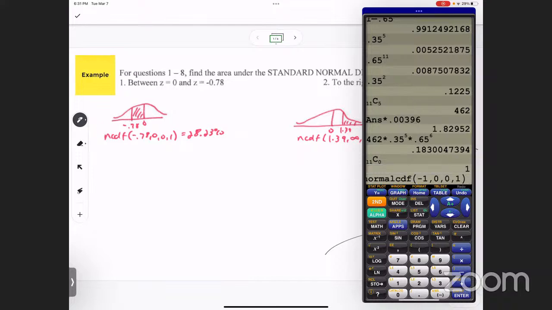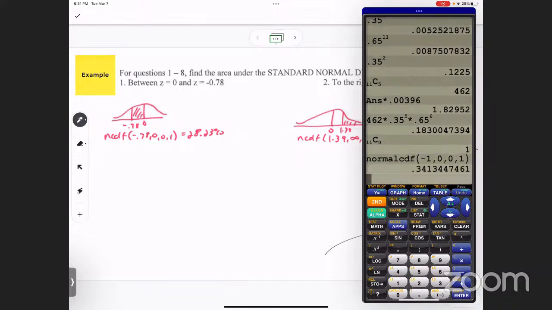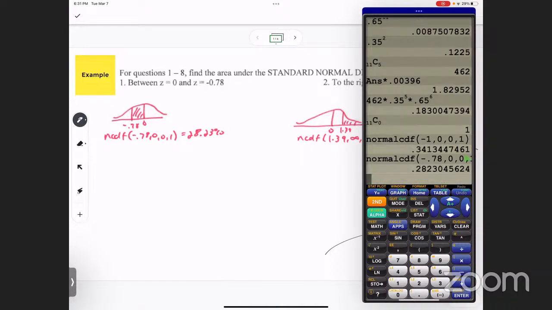I think it's always 0, 1. And that is not the right answer. Oh, it rounded it or something. I wanted this to be negative 0.78, comma, 0, comma, 0, comma, 1. See how that works?